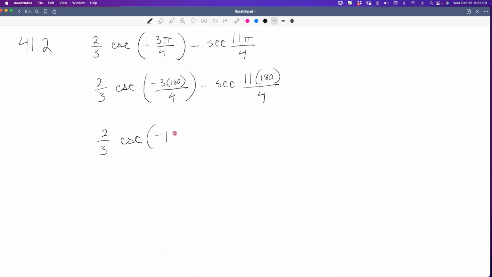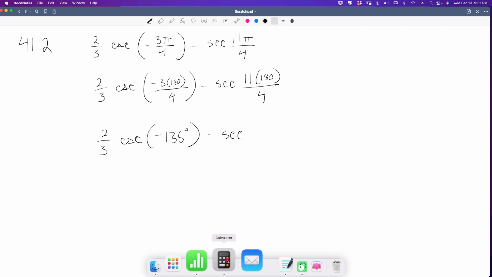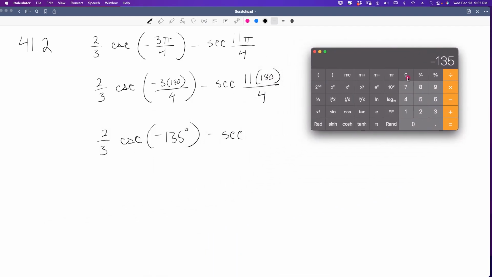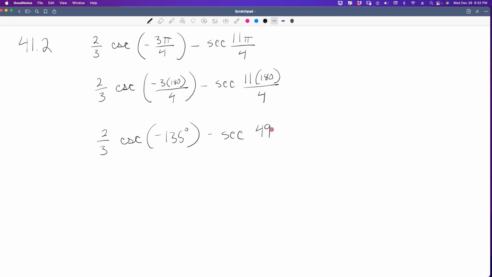Negative 135 degrees minus the secant. And we're going to do this one here. 11 times 180, because it's a positive, equals this divided by 4 is 495. So 495 degrees. Now we just have to figure out where they live. So I have, this one is negative 135.